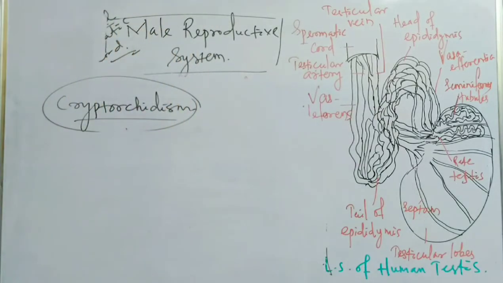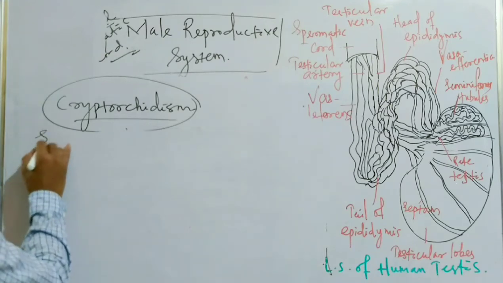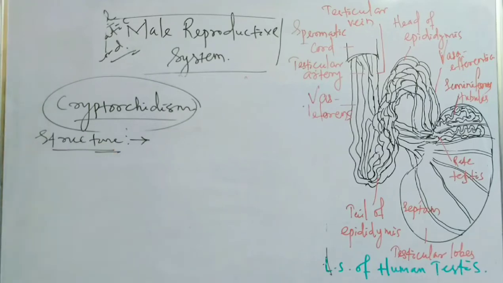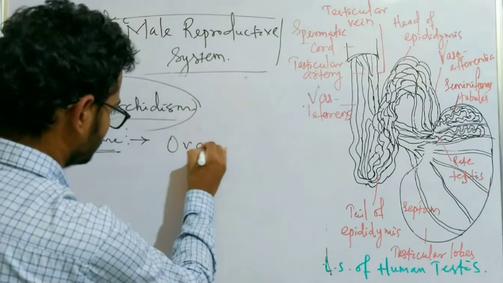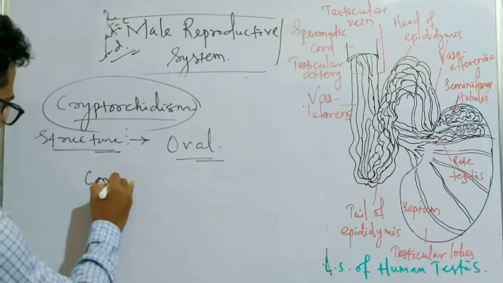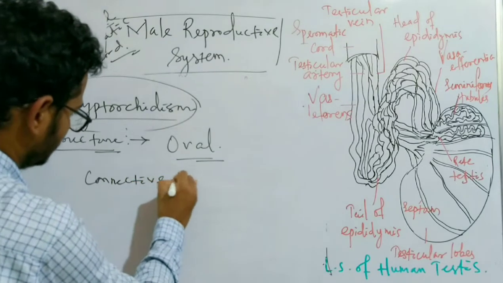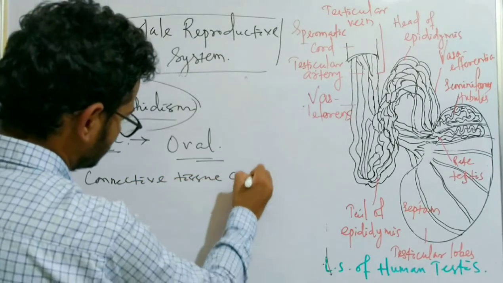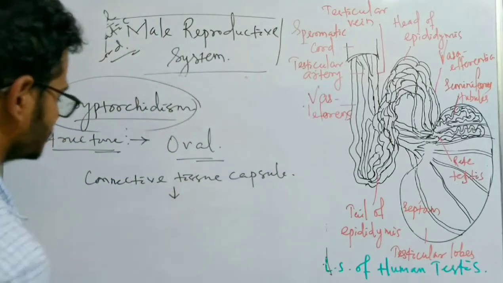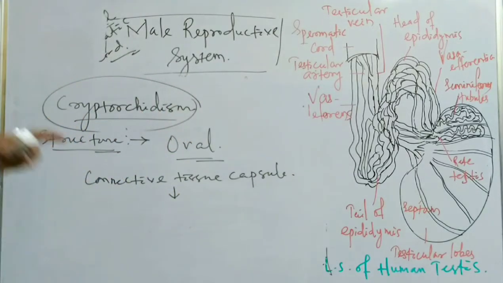Okay. Next, let's discuss the structure of the testis in detail. It is oval in shape and covered by a tough white fibrous connective tissue capsule, which we call the tunica albuginea.